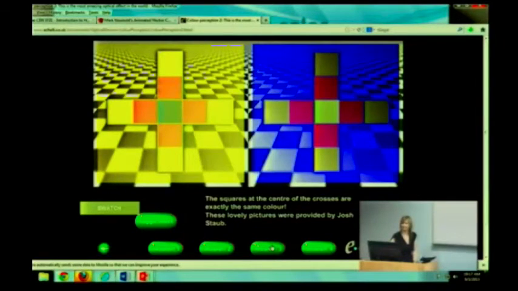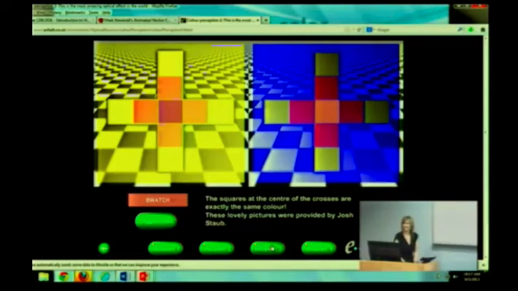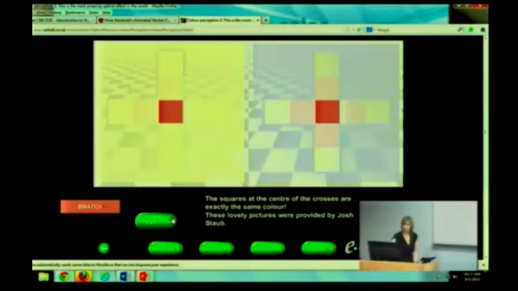All right, what about this one? It looks different, but again, it is the same. There we go. So even though this one looks darker and this one looks lighter, they're still the same color. And again, if we toggle the mask, now we can see they are the same color.